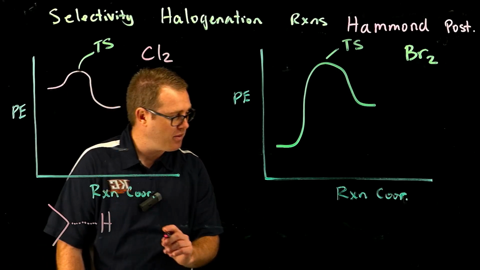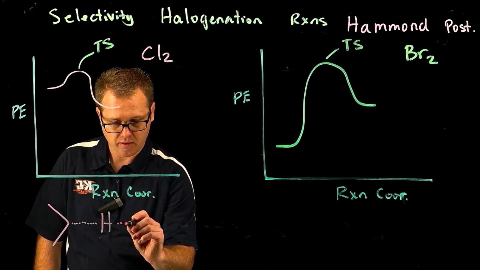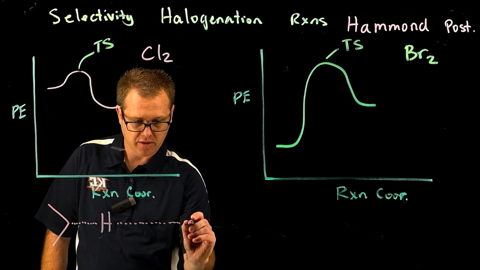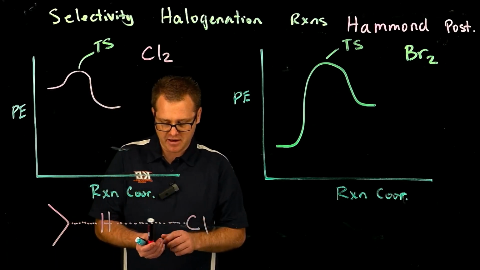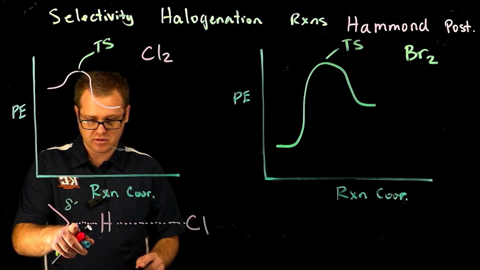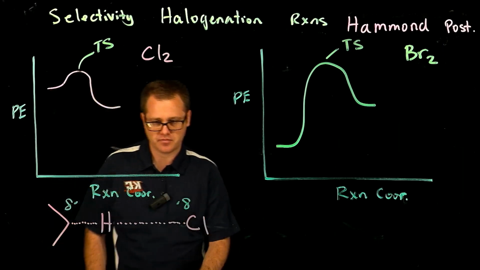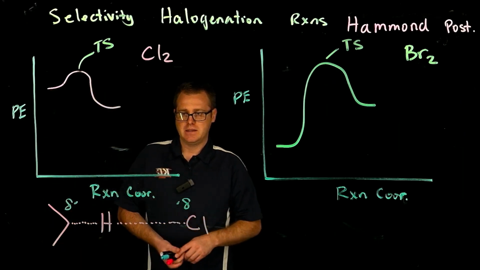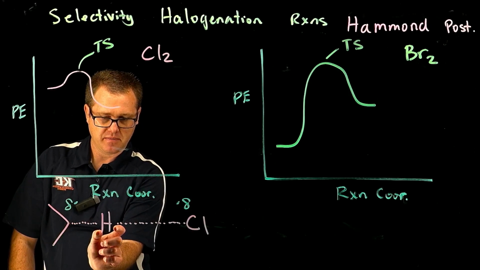And then starting to form a bond with the chlorine atom. So I'm going to draw it much longer like that. So what's going to happen here is that we are going to have a partial radical right there and a partial radical. Okay? So what's our goal in this first step? It is to abstract that proton.